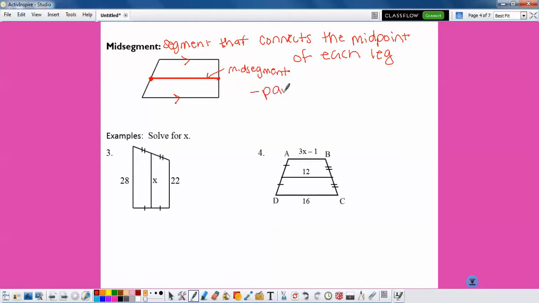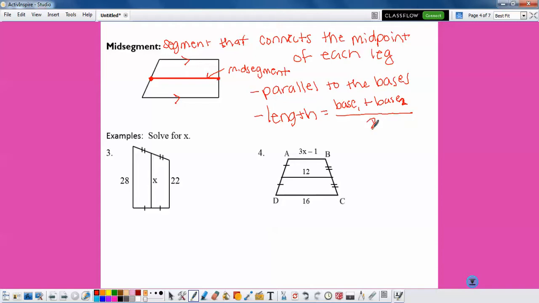It is parallel to the bases, and its length equals the first base plus the second base over 2.